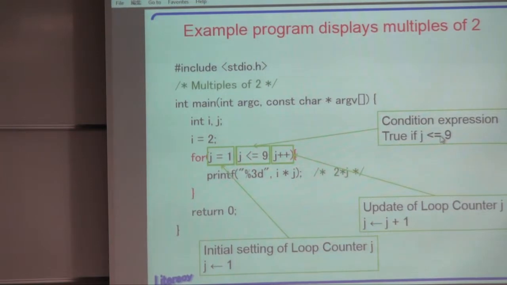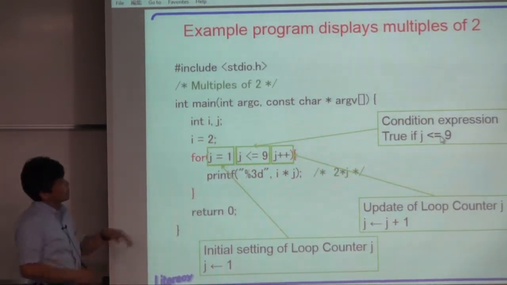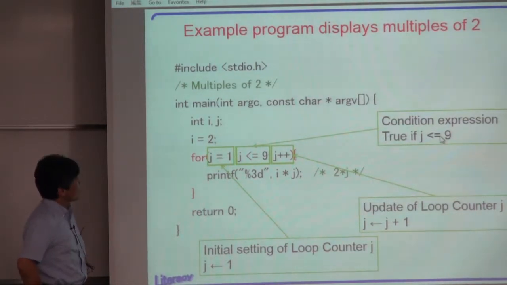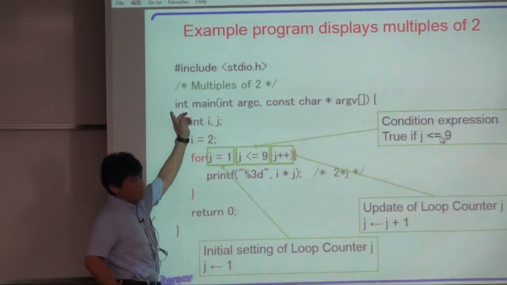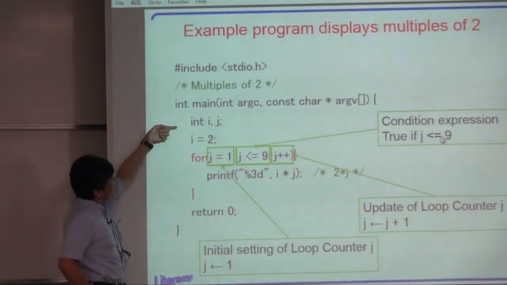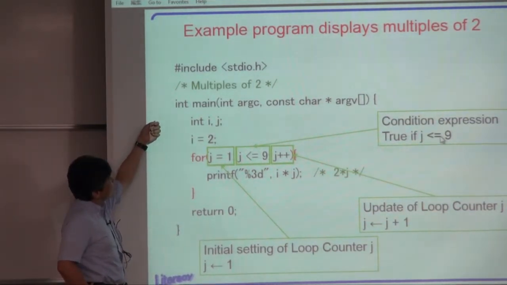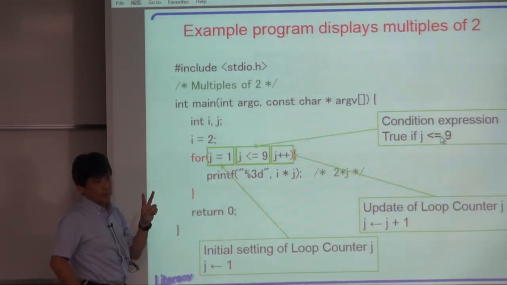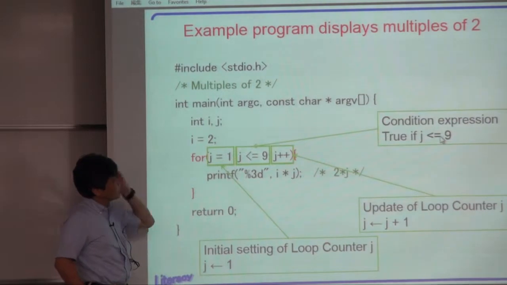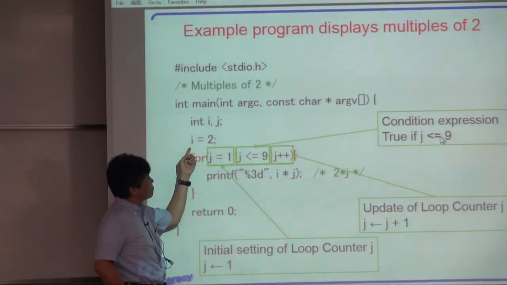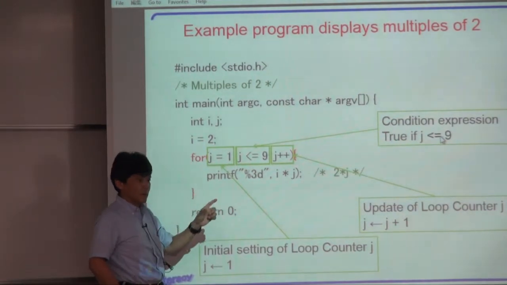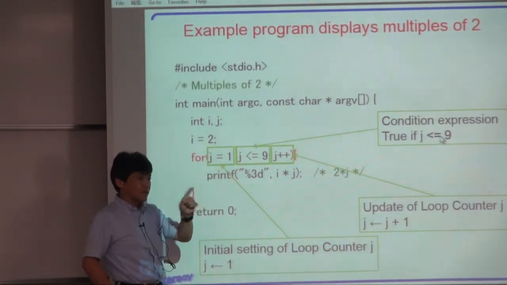So this is the actual program. Not difficult, very simple. Of course, you have to specify the one main function. And in this case you have to define two integer variables, i and j. The value of the i variable is treated as the base number, 2 by 1, 2 by 2.